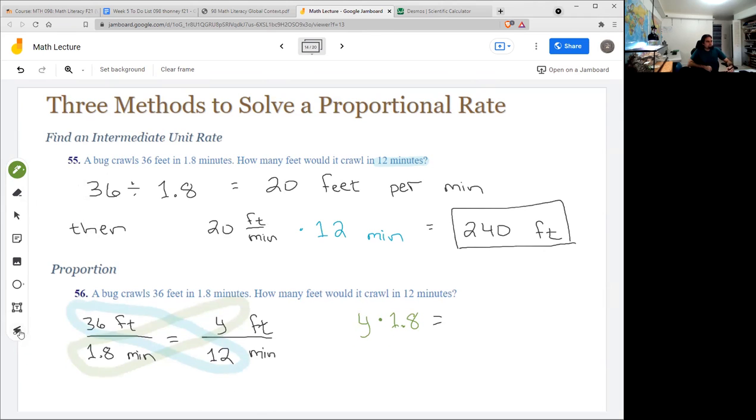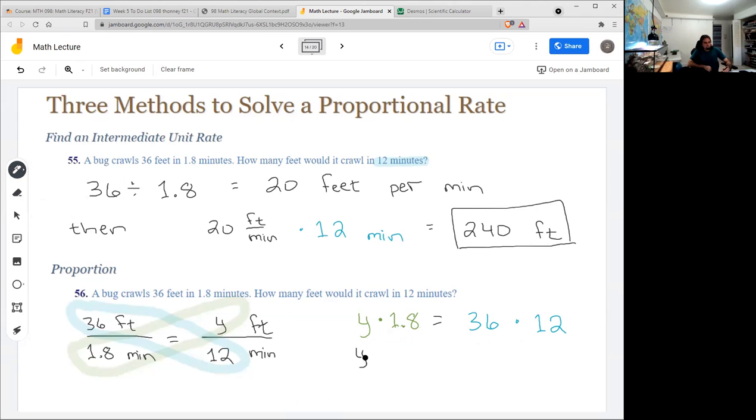So I can always pick the diagonal with y to go on the left, and I can always pick the y to go first. And that means when I write these proportions as cross multiplying sentences, it's always the format y times something equals a bunch of something. And that consistency helps me go fast.